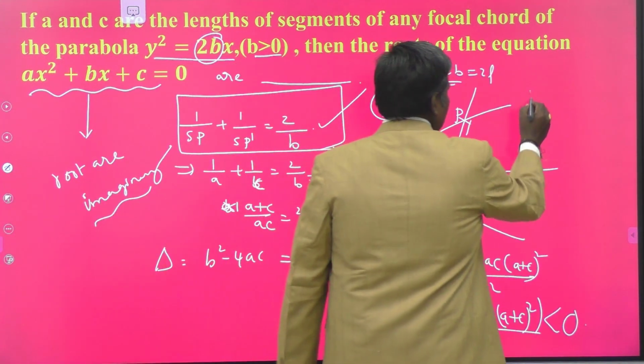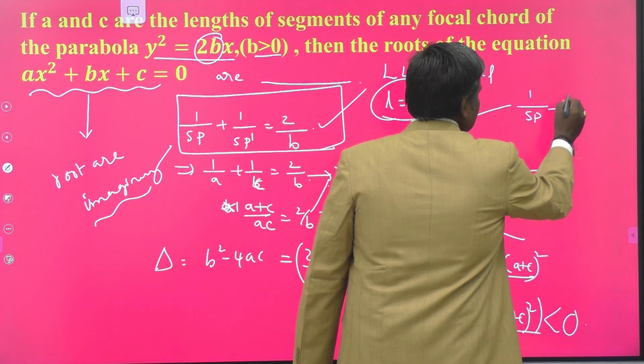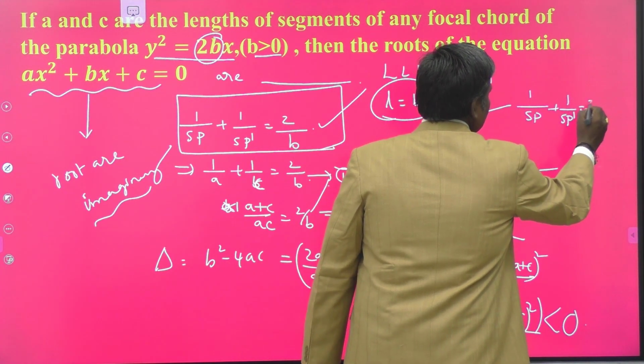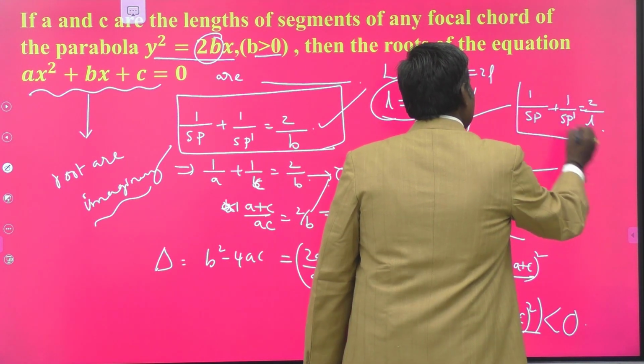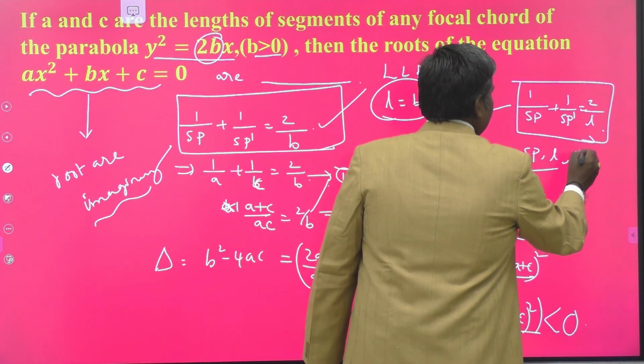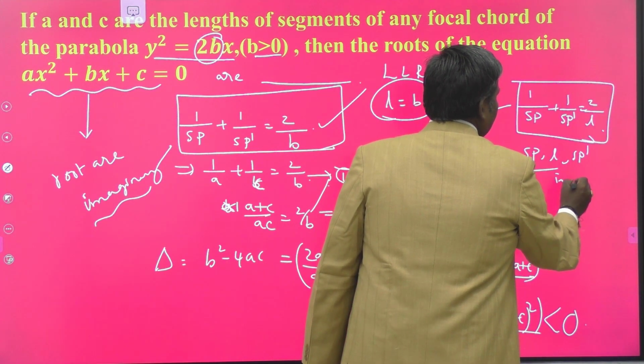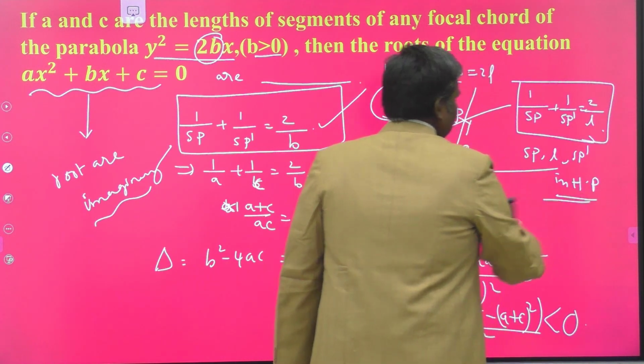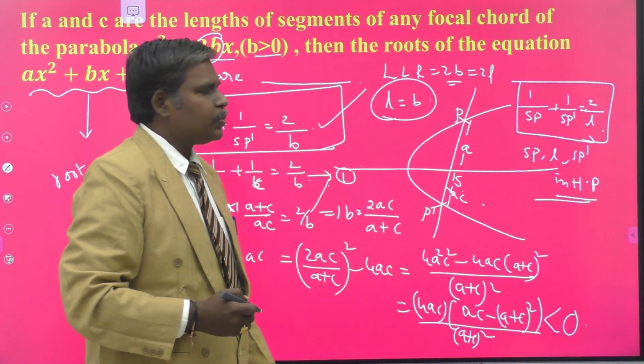That is the formula, don't forget it. That means SP, L, SP dash are always in harmonic progression.